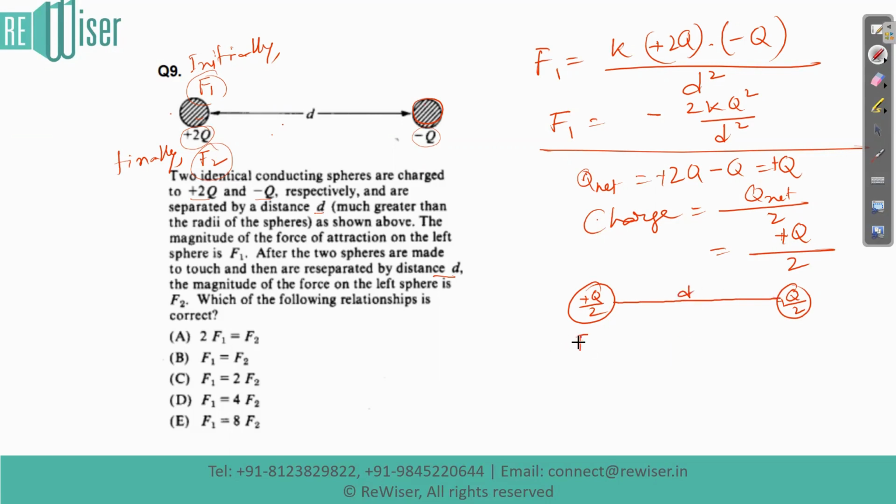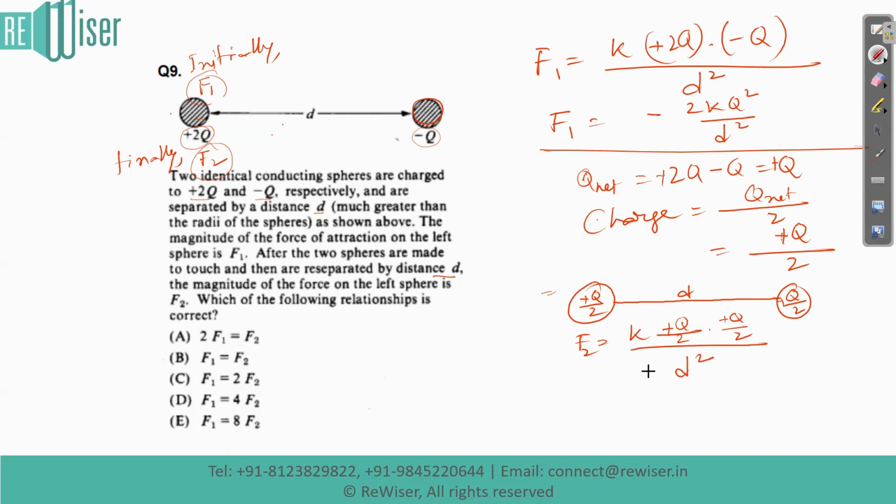Now in this case, F2 is the electrostatic force acting, and we can find it out. F2 is equal to k into plus q by 2 into plus q by 2 divided by d square.